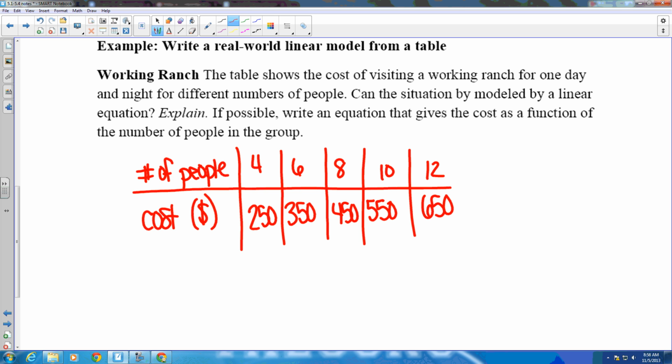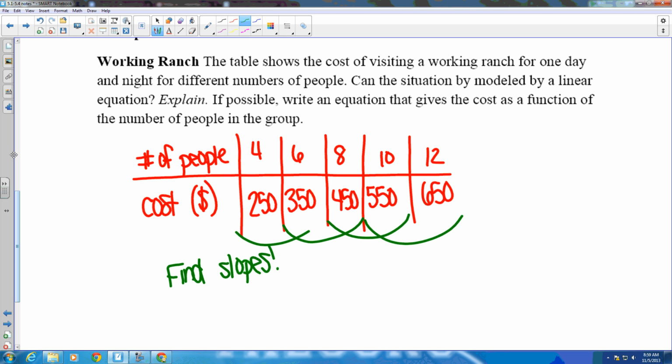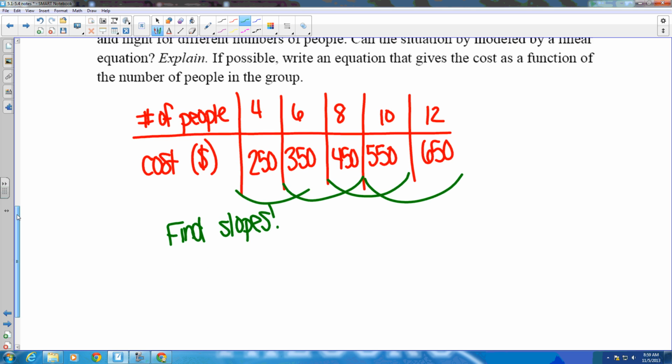Okay, here's our table. So we have to figure out if it can be modeled by a linear equation. We can figure that out by finding the slopes of each pair. So we have to do 4 different slopes.